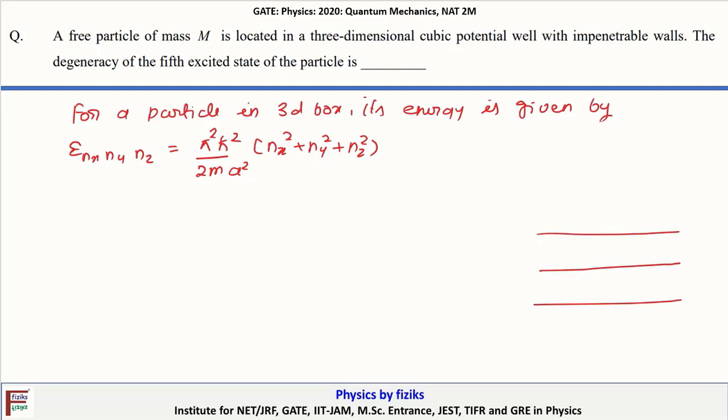Now we want the distribution of energy levels for different values of n.